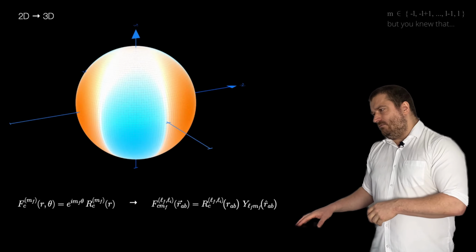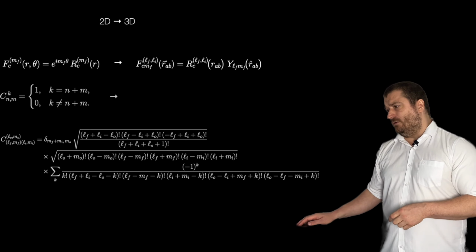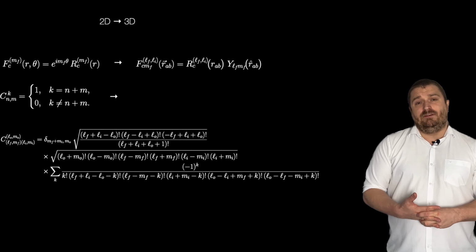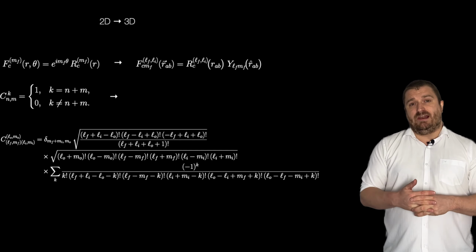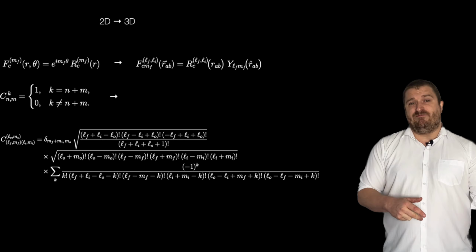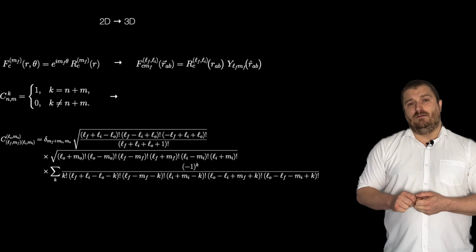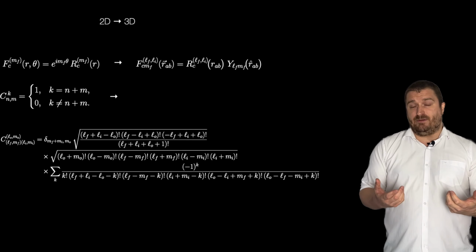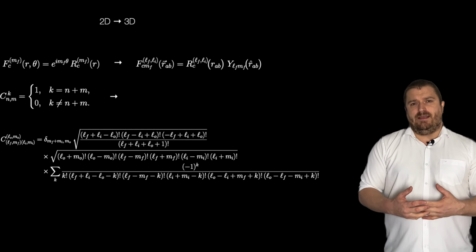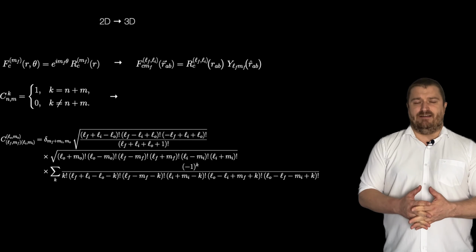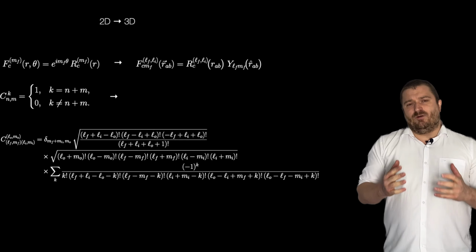Let's take a look at the Clebsch Gordan coefficients, because that's the other main complication that we need to account for. So in SO2, the Clebsch Gordan coefficients were just a simple selection rule, which stated that the m value of the kernel plus the m value of the field gives you the m value of the feature map, so they just add up. Well, that's still true in SO3, but we also now need to deal with the L values. So the key complication is this.